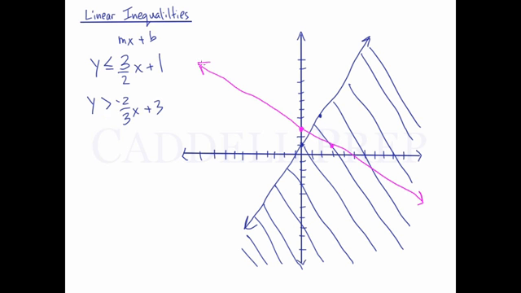So because the solution can't be on this line, we have to make this a dotted line, or a dashed line. So we know that the solution can't exist on here. But it doesn't take care of everything, because the solution can also be greater than this, so it could be anything above this as well. So we have to shade upward.